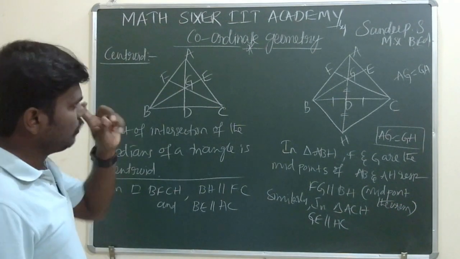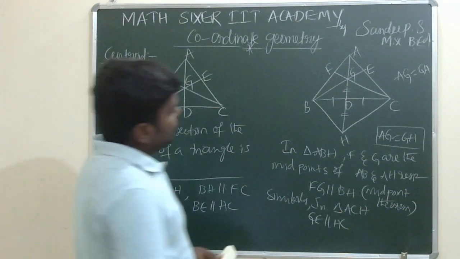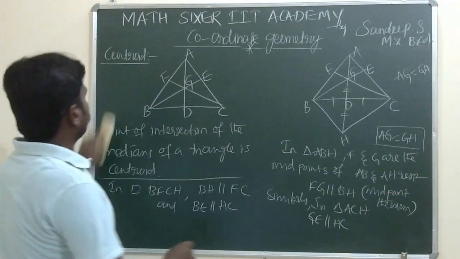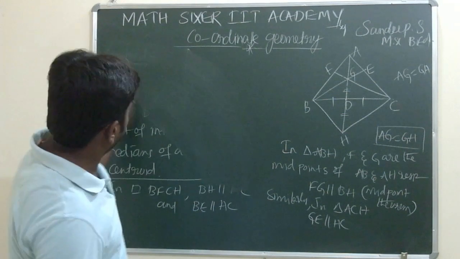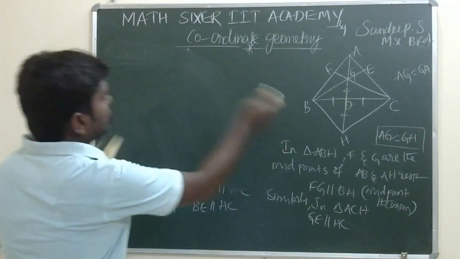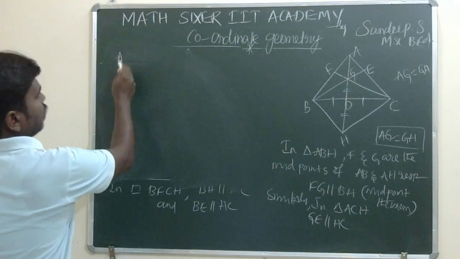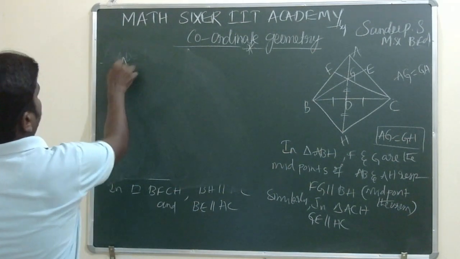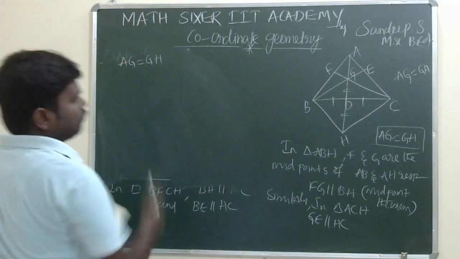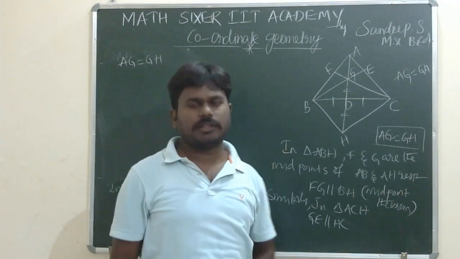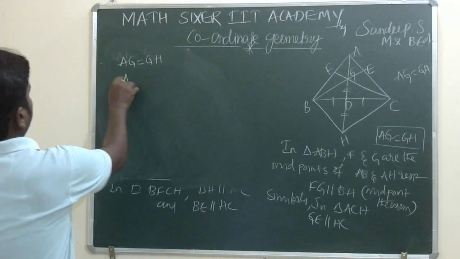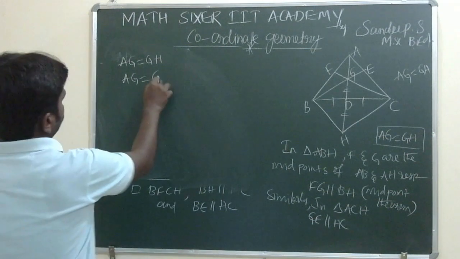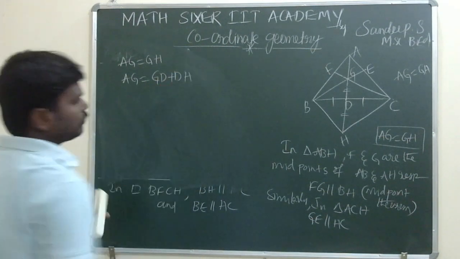Okay, so what we can say here: AG is equal to GH by the construction. And from the diagram, AG is equal to GH means GD plus DH.